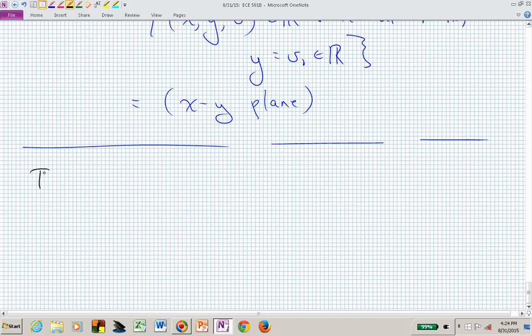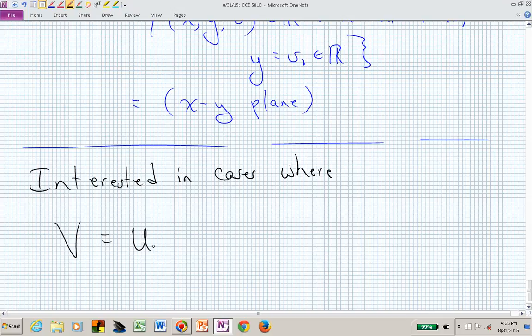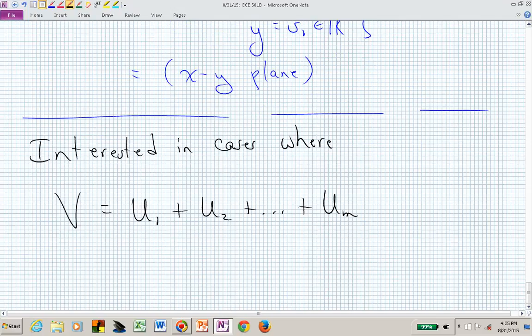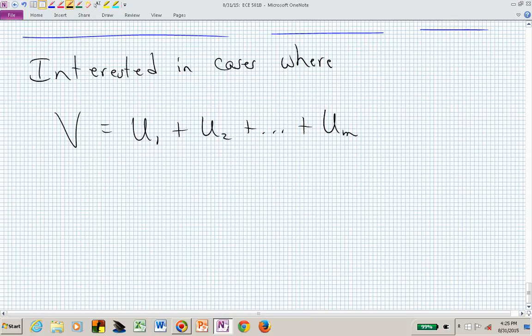We are also interested in cases where our underlying subspace, capital V, is filled up by the sum of a finite number of subspaces, where now I'm saying V, the underlying vector space, is covered by this combination, or I should say sum, of M subspaces U1 through U sub M. That's what we are a lot of times interested in.